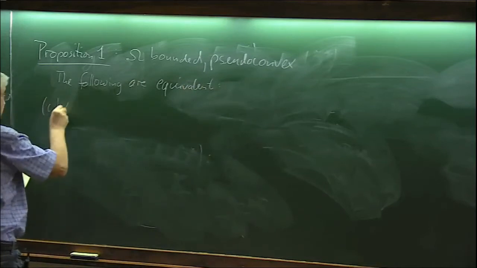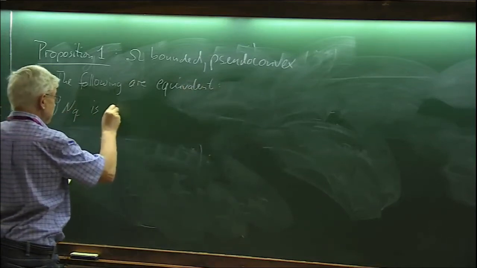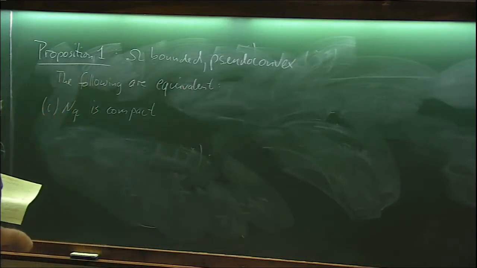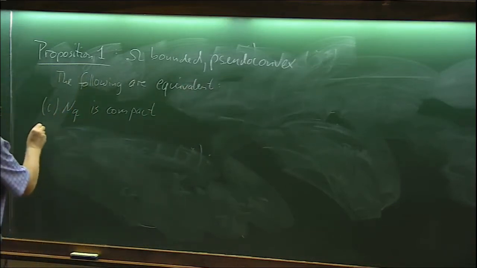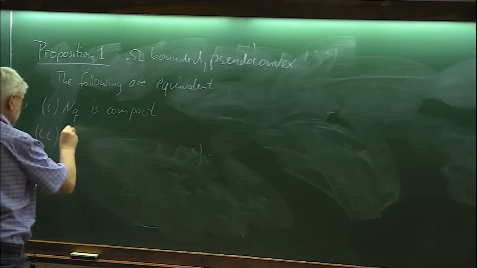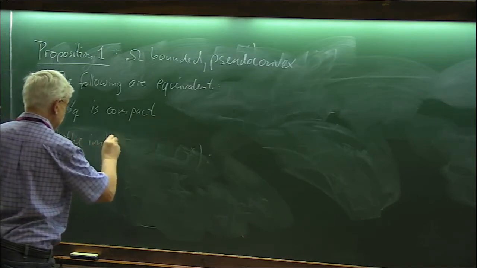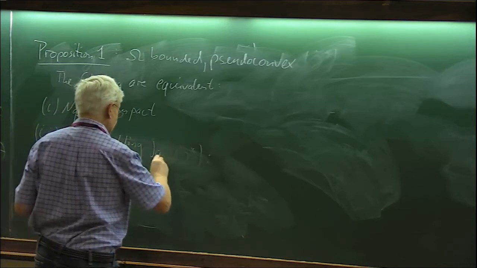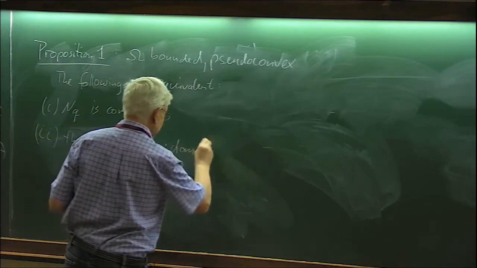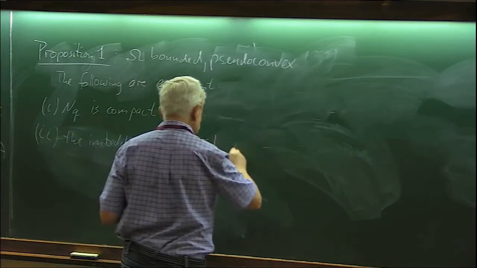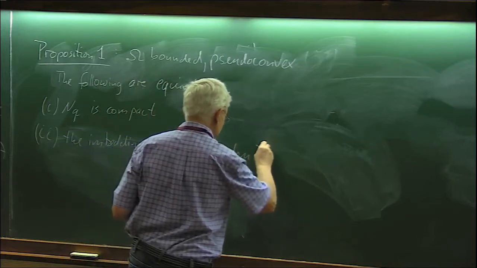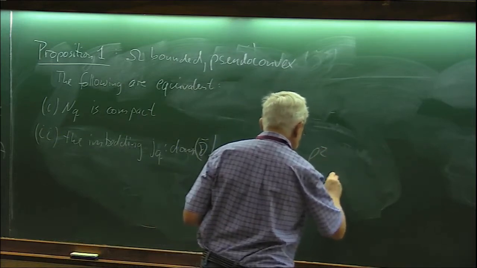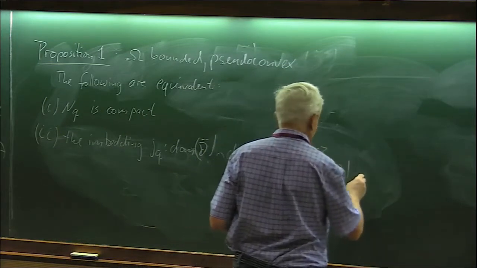One, N_q is compact. Two, the embedding j_q from domain of d-bar intersect domain of d-bar star into L2 0,q is compact.